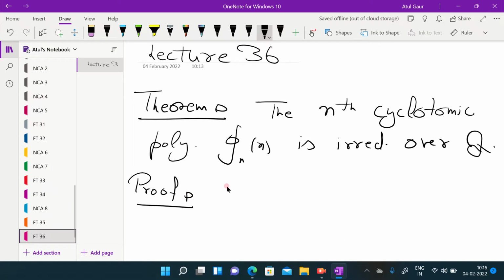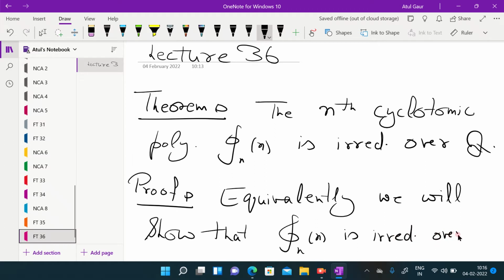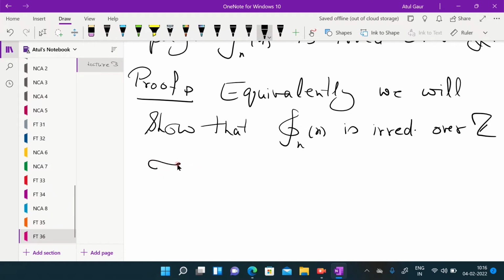As you know, because Z[x] is inert in Q[x], equivalently we will show that Φn(x) is irreducible over Z. This is because Z[x] is inert in Q[x].